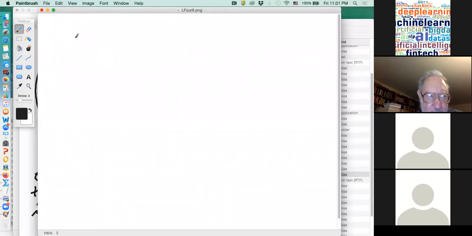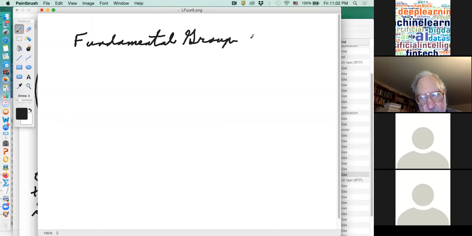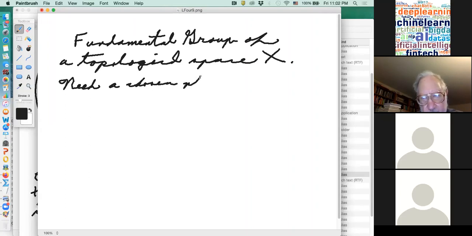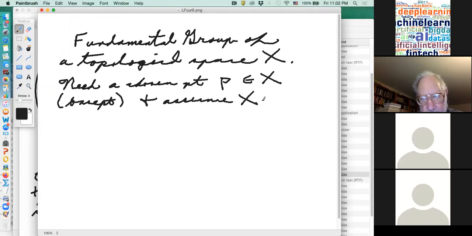We can speak of the fundamental group of a topological space X. I need a chosen point P in X called the base point, and I will assume that X is path connected for simplicity.